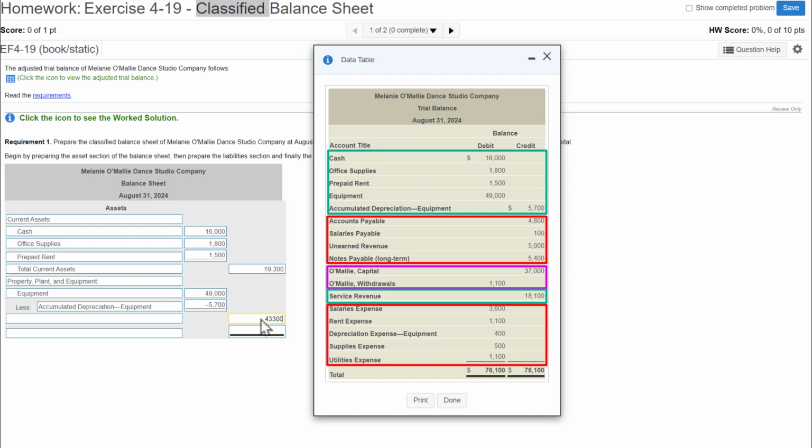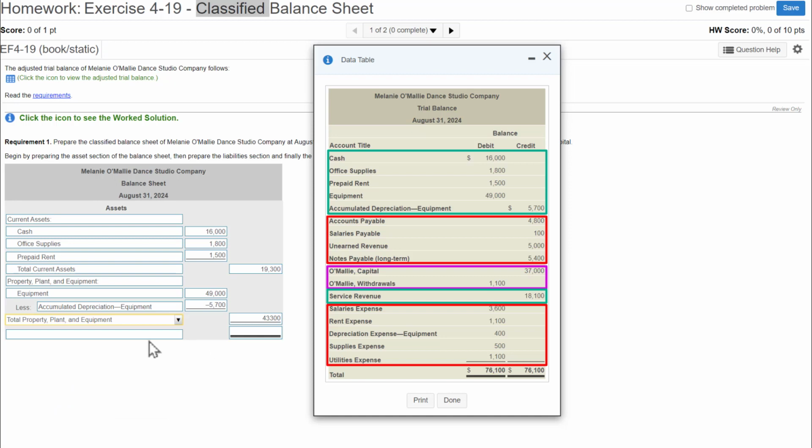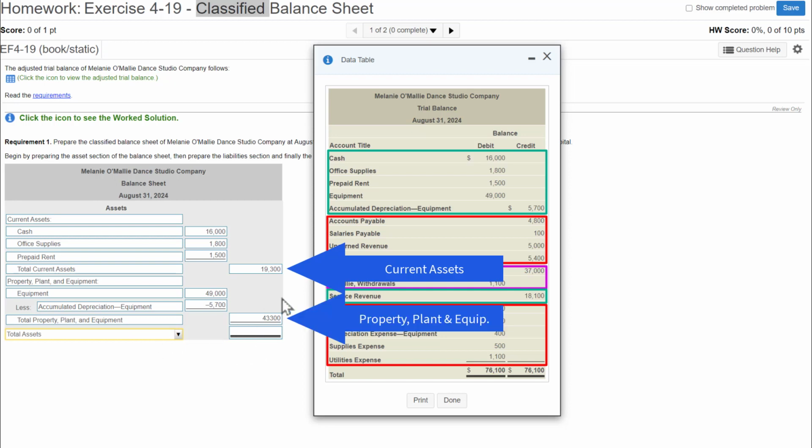43,300. But that's the only property, plant, and equipment, so we're going to put the label of total property, plant, and equipment. And then we've got our two types of assets, current assets and total property, plant, and equipment. So remember, this horizontal line means we're doing a mathematical operation, so we're going to add this plus this, and that gives us total assets of 62,600.